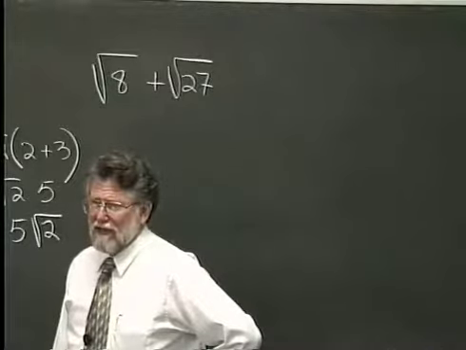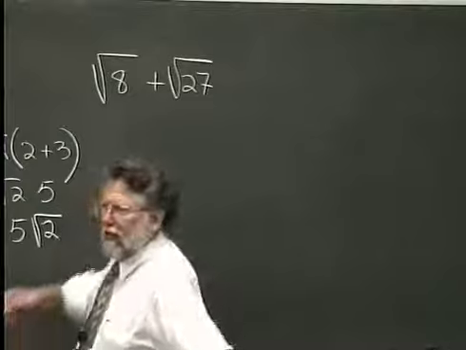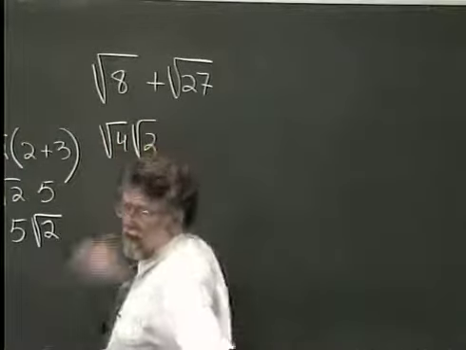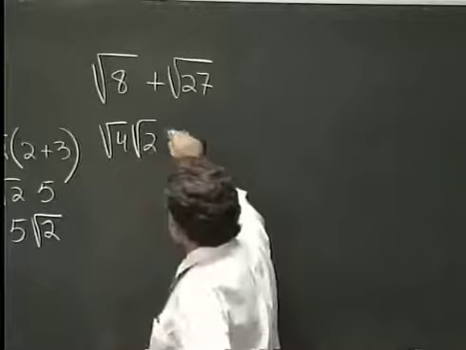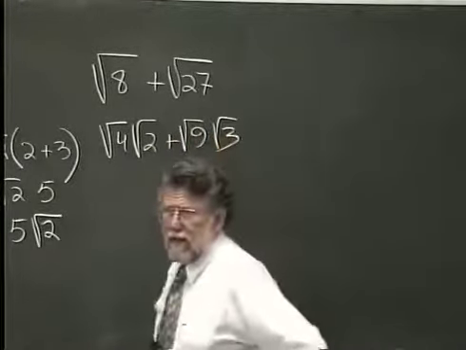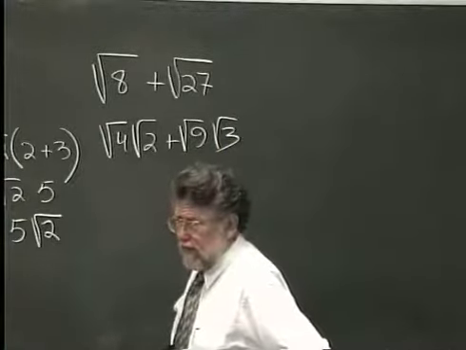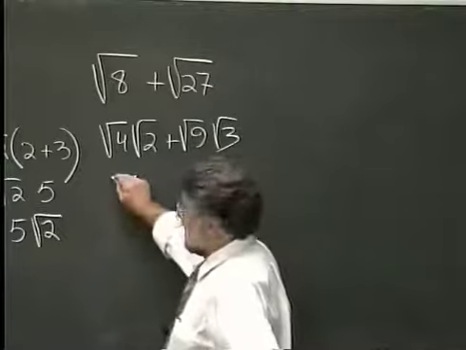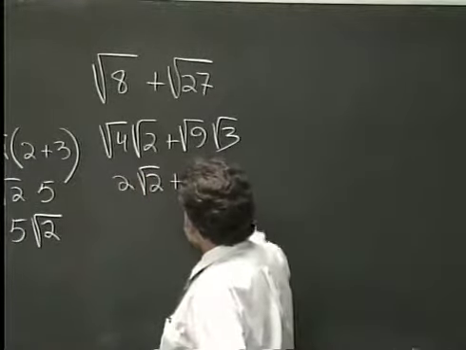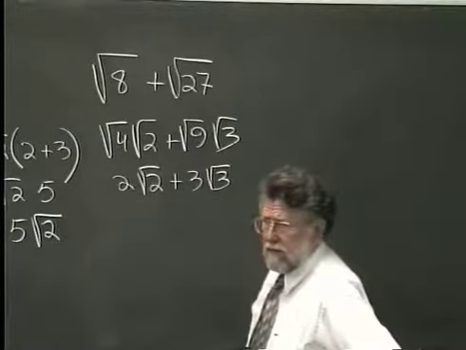Cube root of 27 is? 3. 2 and 3 is 5, and you'd be done. But I didn't. I gave you square roots. So go on. This is the square root of 4 times the square root of 2, correct? Same as before. And this is what? The square root of 9 times the square root of 3. Breaking it into perfect squares and something else. So now what do I get? 2 the square root of 2 plus 3 the square root of 3. You're done.